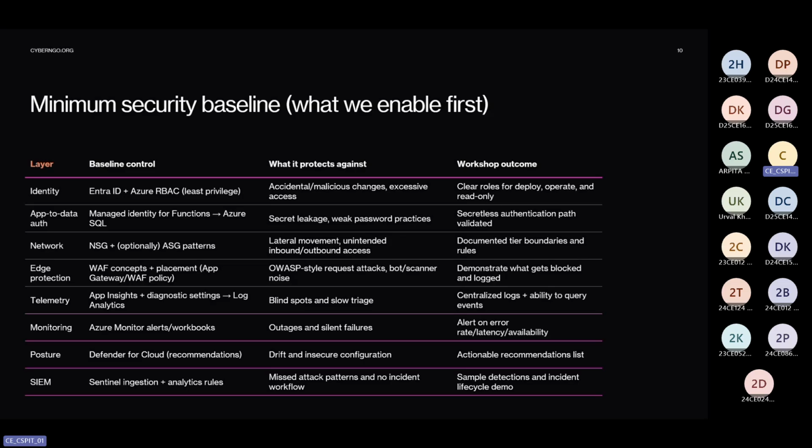It protects us from any accidental secret leak or weak passwords, because it rotates. It relies on authentication and authorization provided by Entra, so it rotates the secret, or in this case I would say the AAD token. And there is no secret attached to any of the Azure resources. So now you have a secretless authentication path.